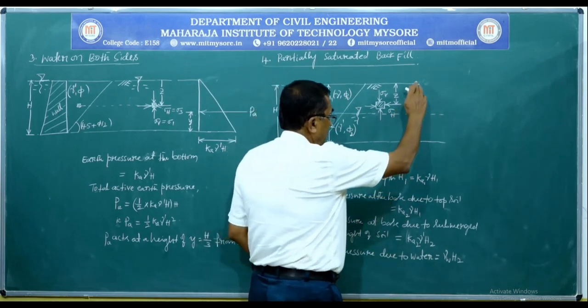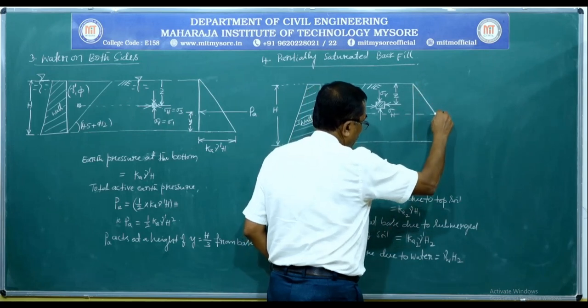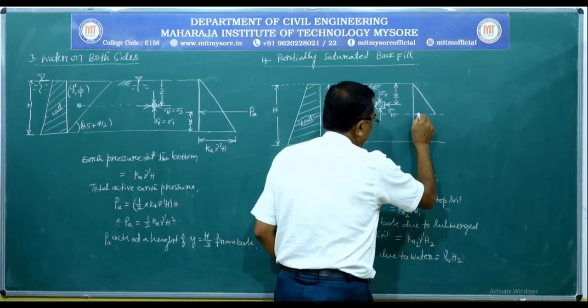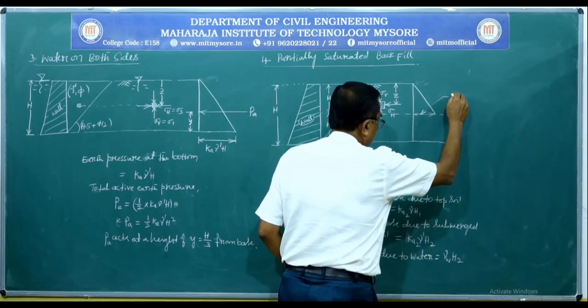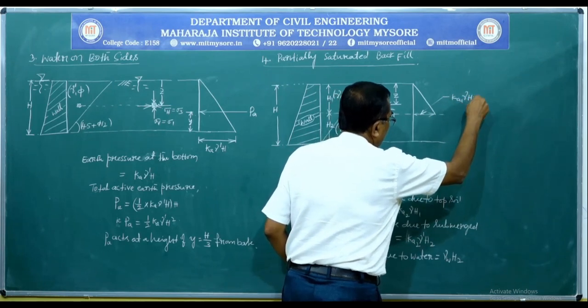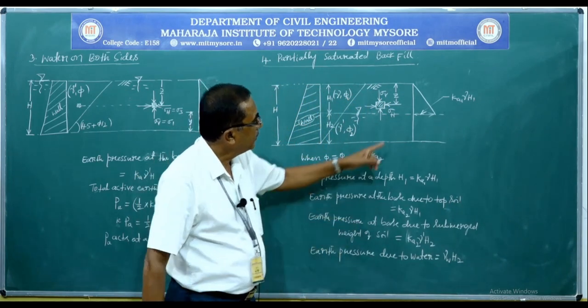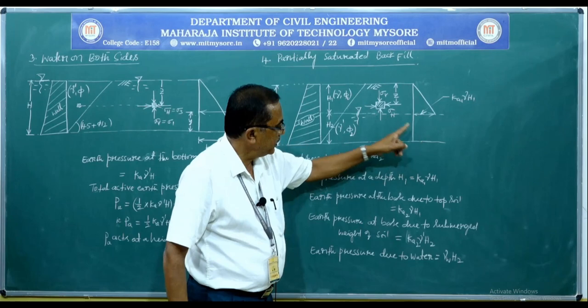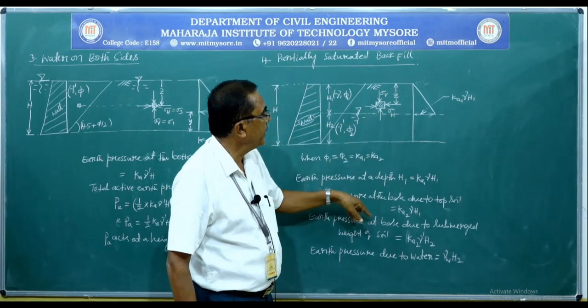Next, pressure at depth H1, which we already calculated, is Ka1 into gamma into H1. Next, pressure at the base due to this surcharge is equal to gamma into H1 into Ka2.